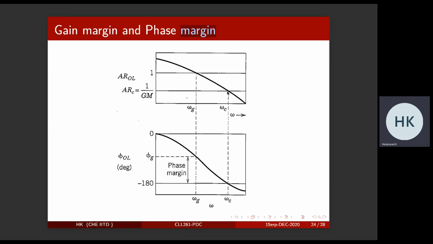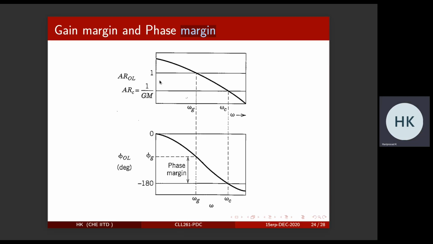Then it would cut at a certain frequency here. This is the minus 180. You project it up, and it would be the same because both axes are log frequency axes, so they are exactly the same. This point is the phase crossover frequency, and again you project back to the amplitude curve.